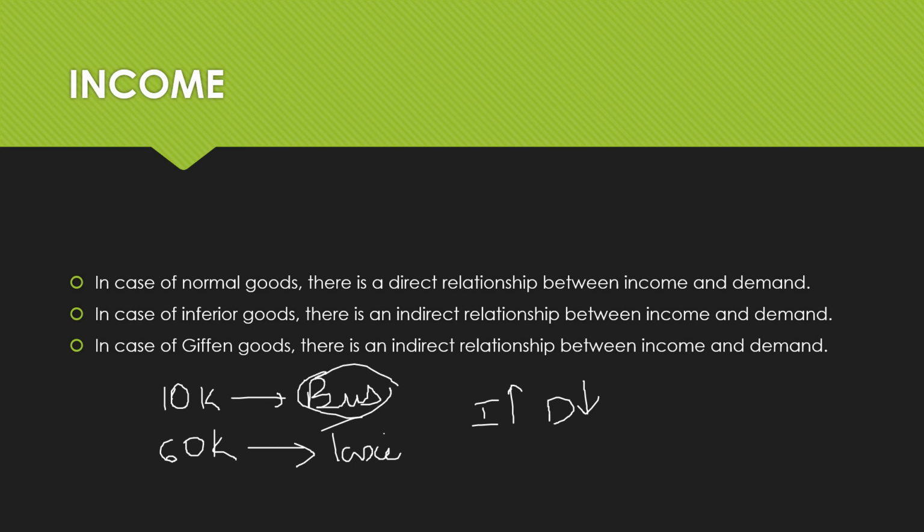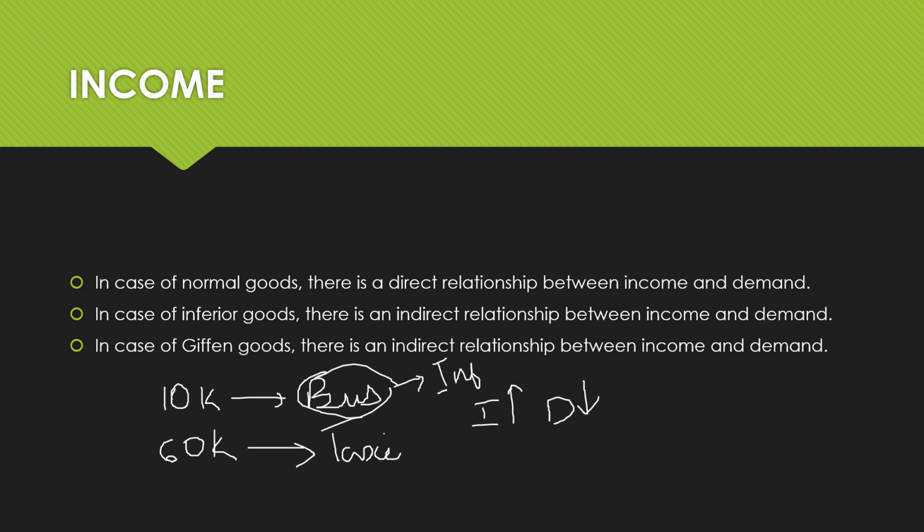Why did this happen? Because this is considered to be an inferior good in this example. Since this is considered to be inferior, with the rise in income, the demand for bus service has fallen. And why has the demand fallen? Because there's a shift.